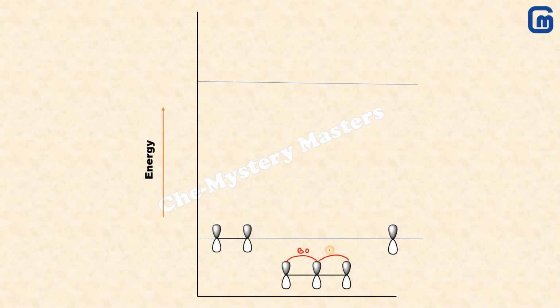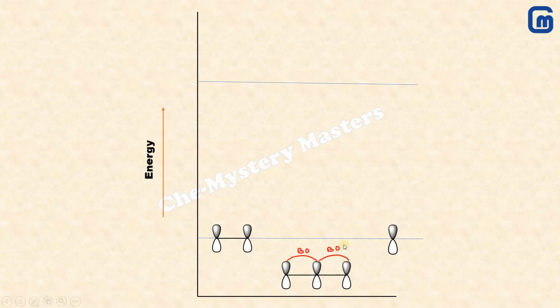That's why this is considered the bonding molecular orbital. As you can see, there is no anti-bonding between the orbitals, or no destructive overlap between the orbitals. That's why its energy will be minimum.